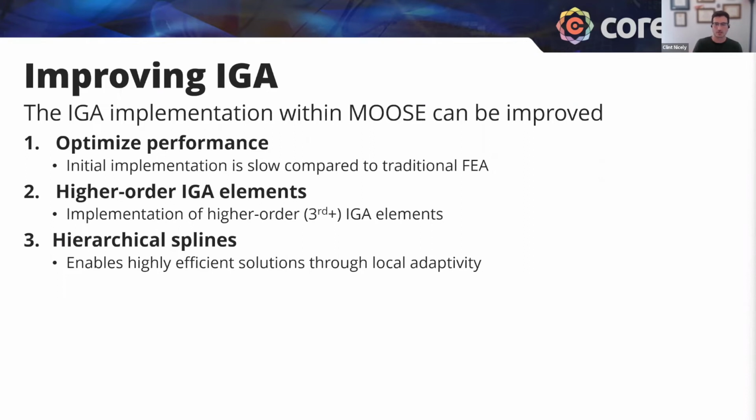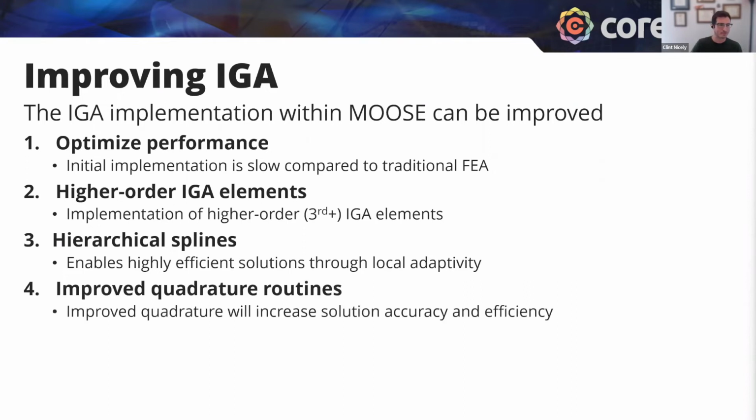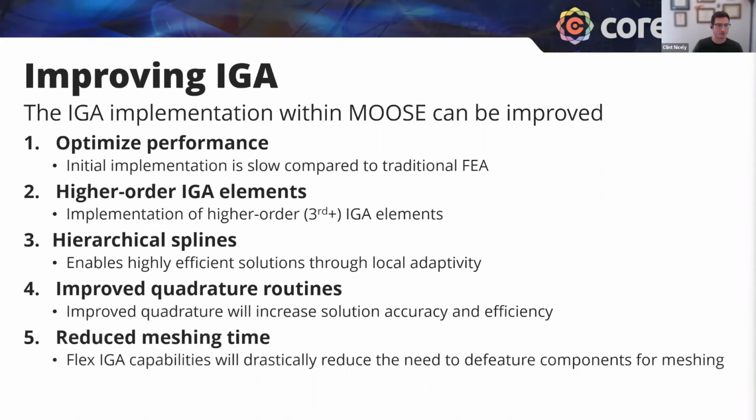The hierarchical splines will really let you have a local adaptivity that doesn't require as much input from the user as defining a hard to find biased mesh. Improved quadrature routines. So always looking to improve and increase the solution and efficiency that we get in trying to seek out our results.